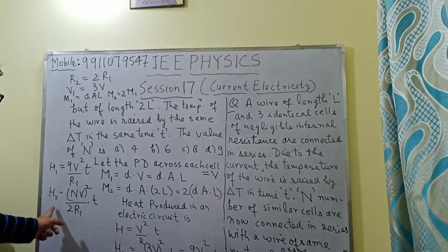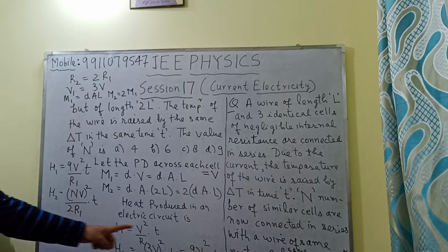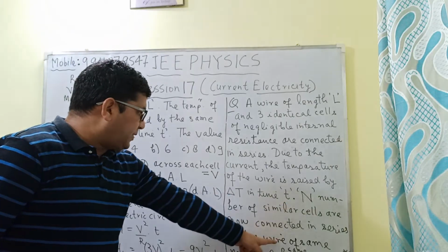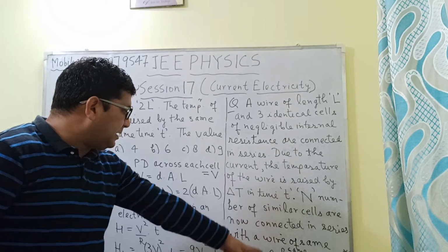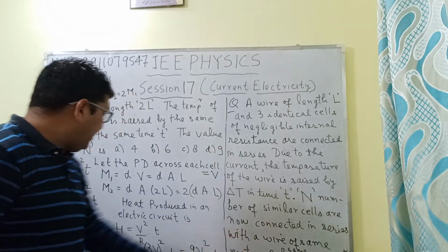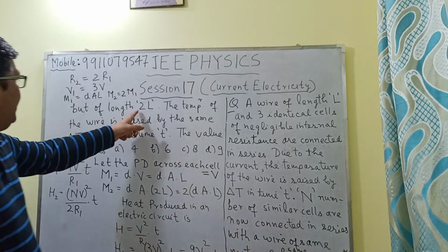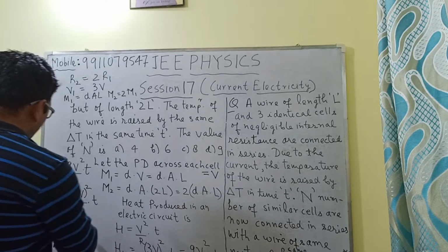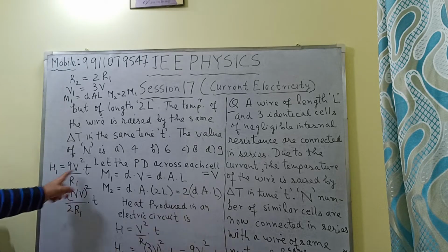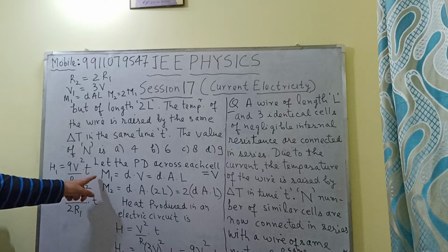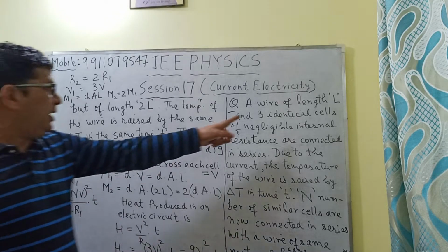So this is the heat produced in the wire of length 2L consisting of n similar cells, and this is the heat produced in the first wire of length L consisting of 3 identical cells.